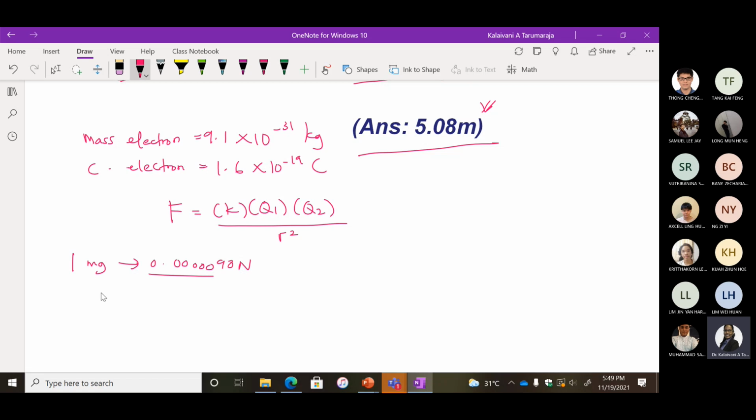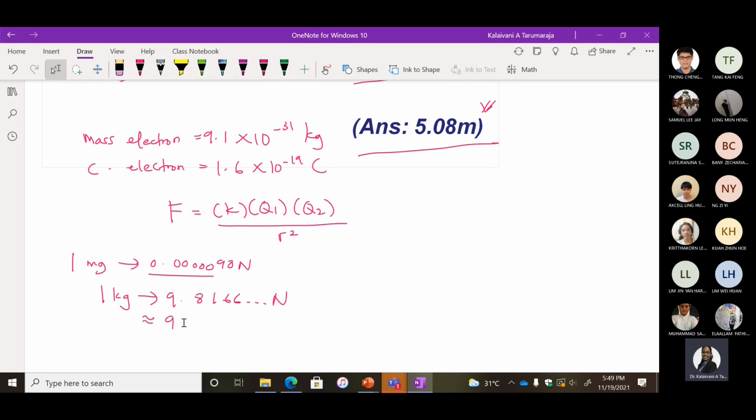For 1 kilogram, when you convert it to Newton, it will be 9.8166. I just simplify, so the answer is going to be 9.81 Newton. So take note of your kilogram converted to Newton.